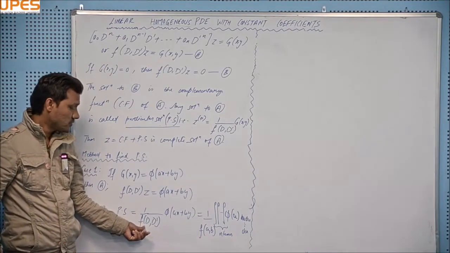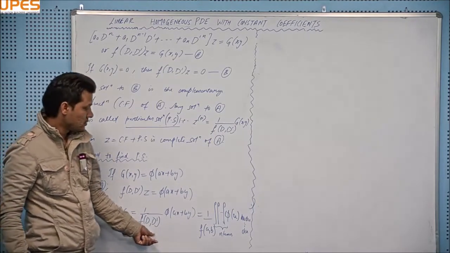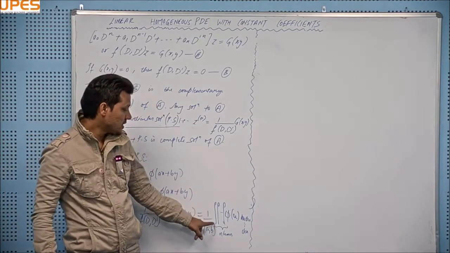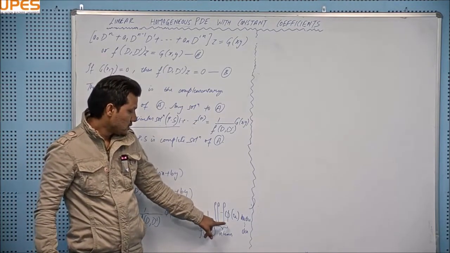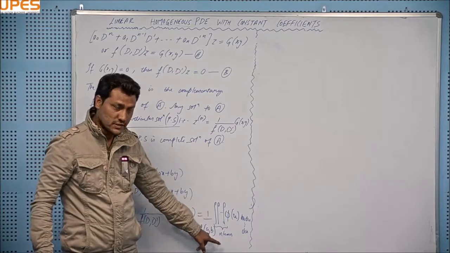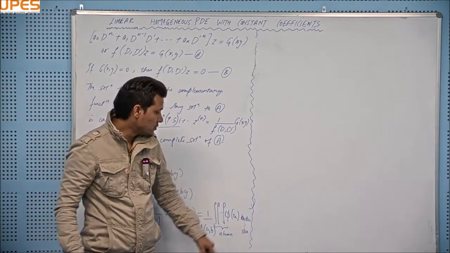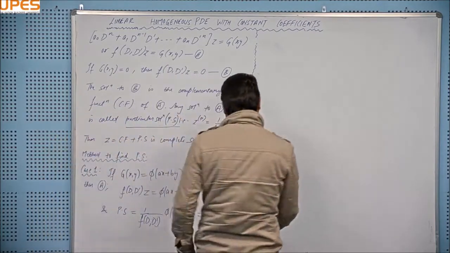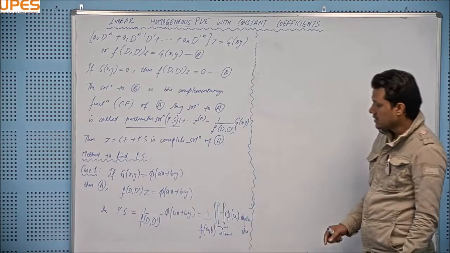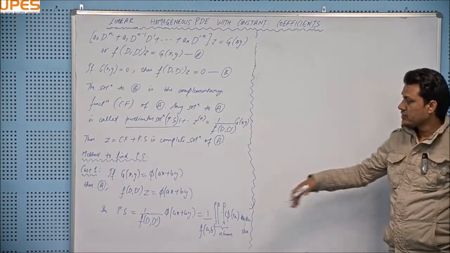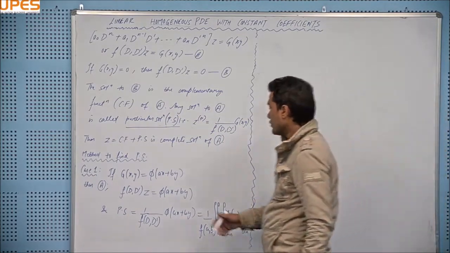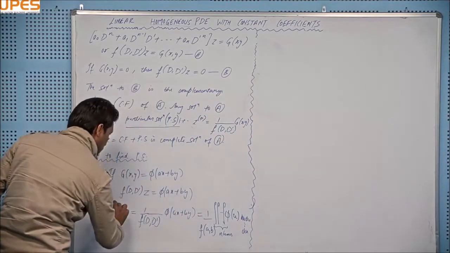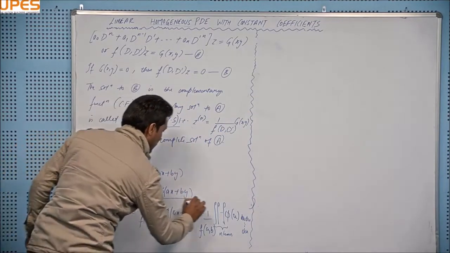The degree of this polynomial is n, so integration has to be done n times, right? And that's why I have written du, also n times. Okay, so we'll try to prove this rule. You have to remember this rule in order to perform a numerical.